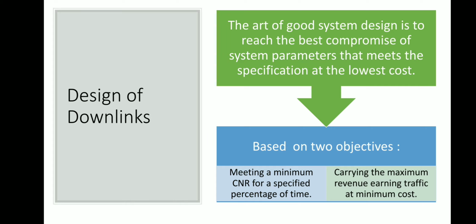So what we are saying in the first objective, we want to meet a minimum CNR for a specified percentage of time. It's not that we have to meet it for all time. There is a specific percentage of time wherein we are in a situation to be lenient about that aspect.